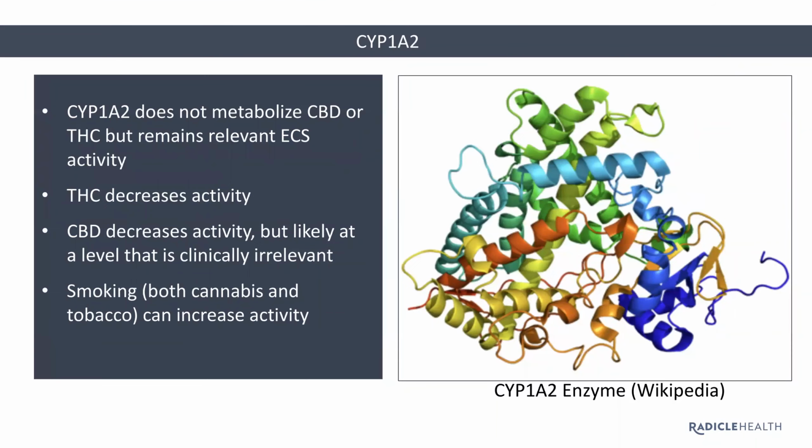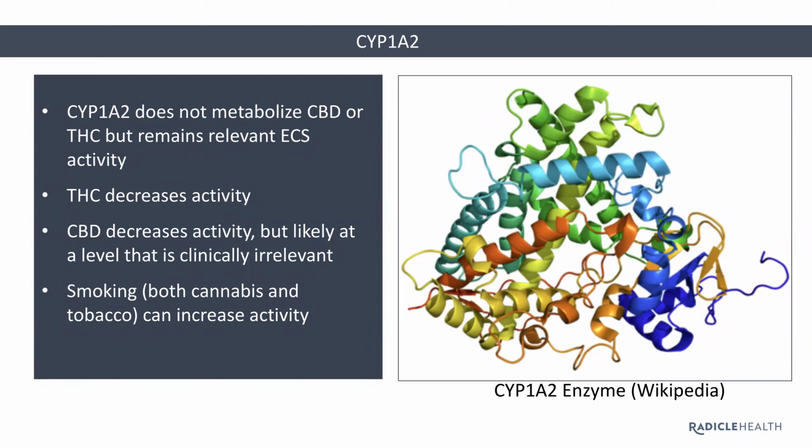With CYP1A2, it does not metabolize CBD or THC, but it does remain relevant for the endocannabinoid system activity. THC can decrease the activity of this enzyme. CBD can decrease the activity, but likely at a level that is clinically irrelevant. And inhaling both cannabis and tobacco can increase activity.